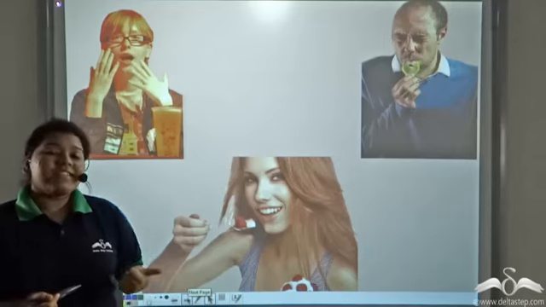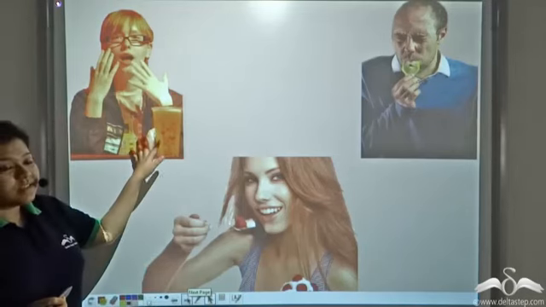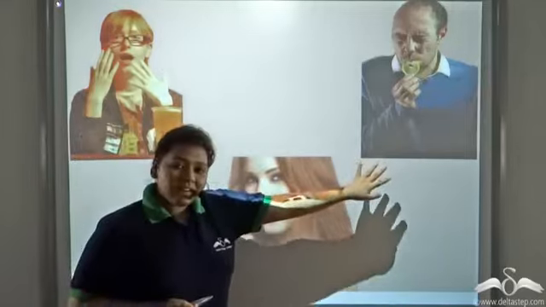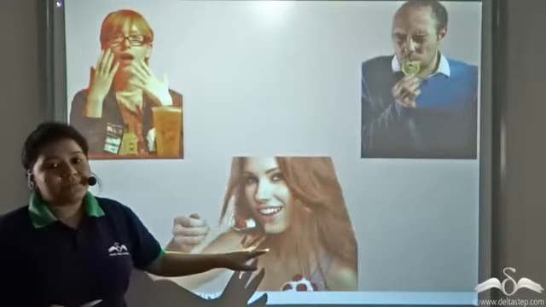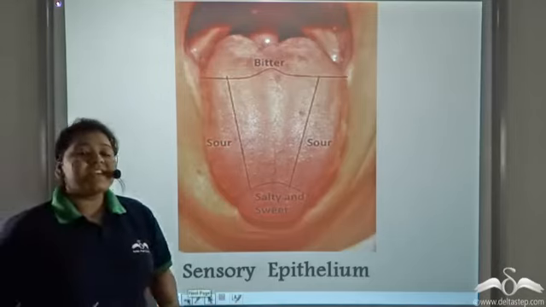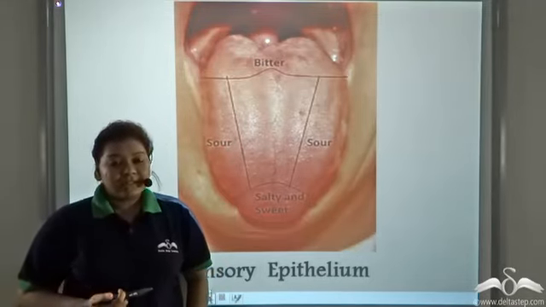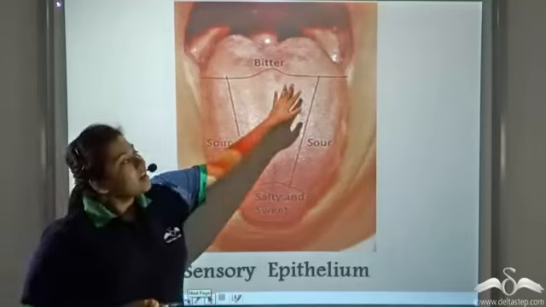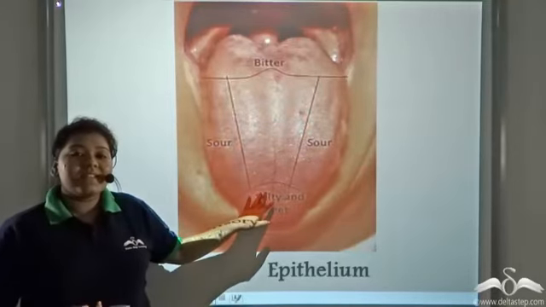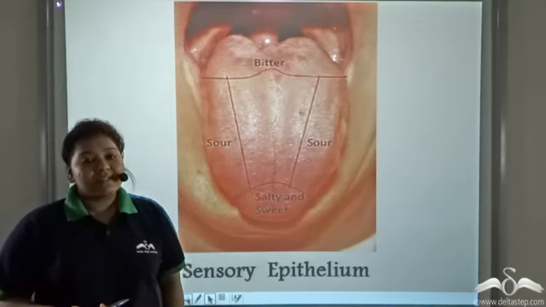Food can have various tastes. It can be very hot, very sour, or sweet. So how do we perceive the different tastes in the food? Well, our tongue has a lot of taste buds that are able to sense the taste in the food.